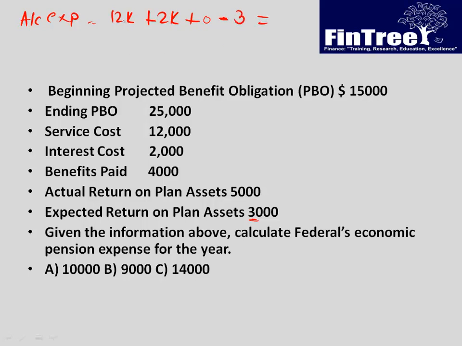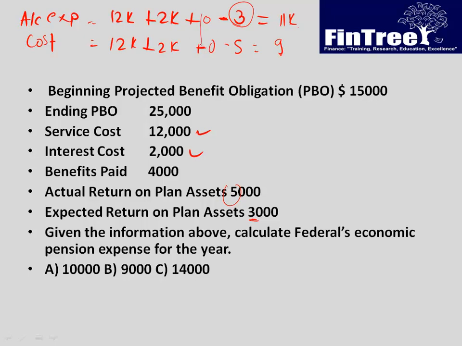So your accounting expense here is 11,000. But you want to find out the economic cost or pension cost. So this is correct, this is logical, this is the amount by which my liability should increase. But I should not be deducting expected return, because that's an assumed number. I should be deducting the actual return, which is 5. So I'm writing this plus 0 and minus 5, which would give you 9.